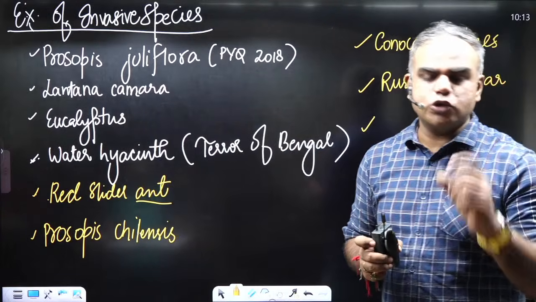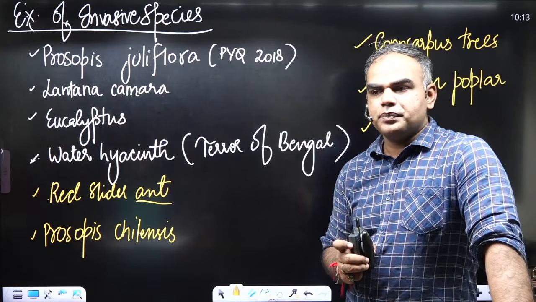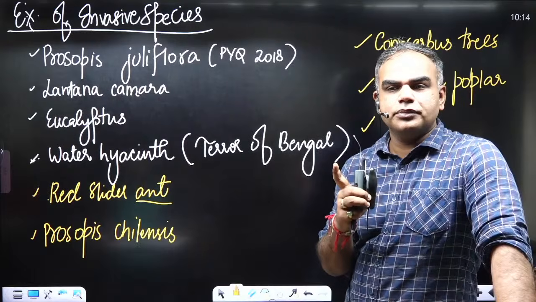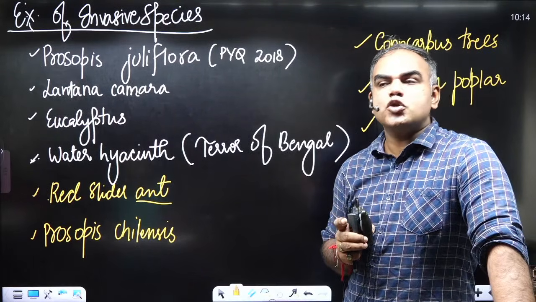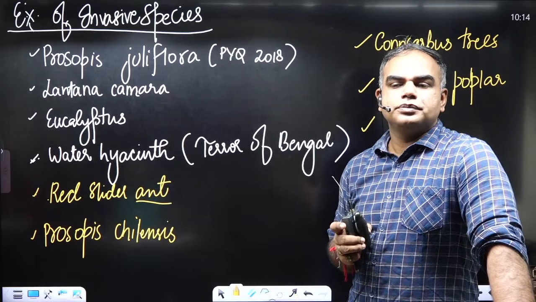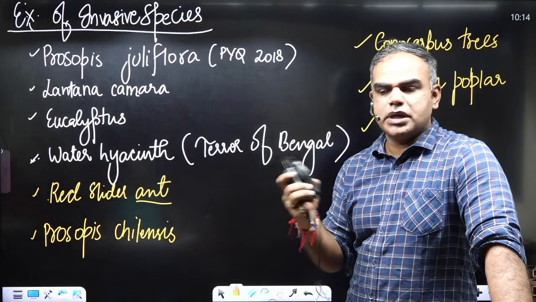Now, what is the issue with the invasive species? They will rapidly multiply. They don't have any natural predators. We have written this in our notes. If you haven't written it, please add it. They do not have any natural predators, which is why the population increases. Because they are from outside. Think very simply. Yes or no?